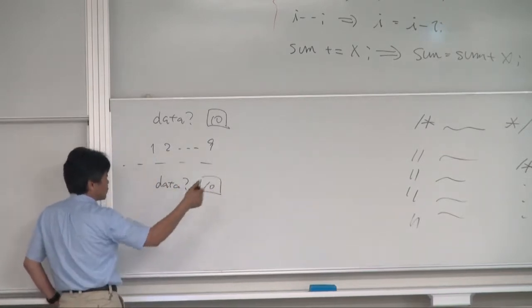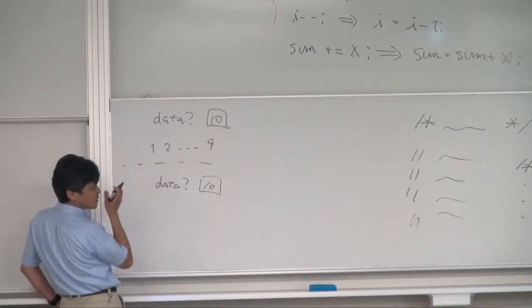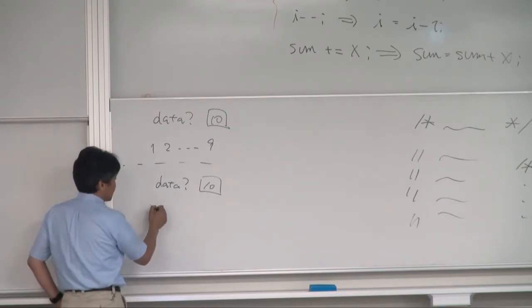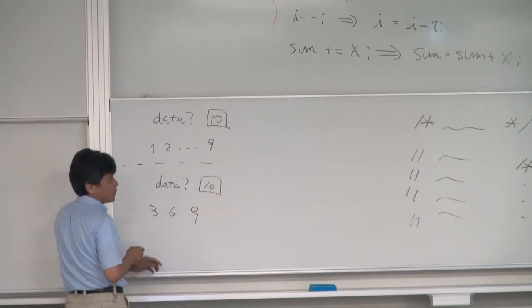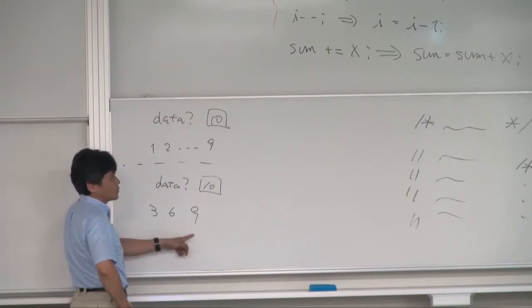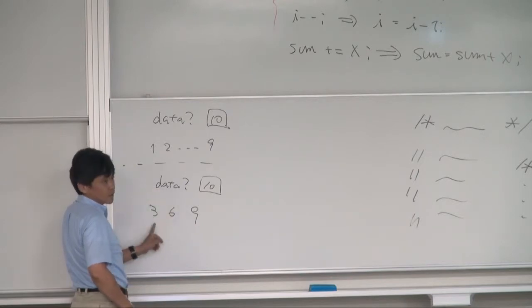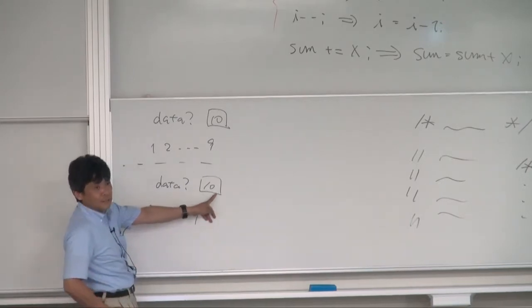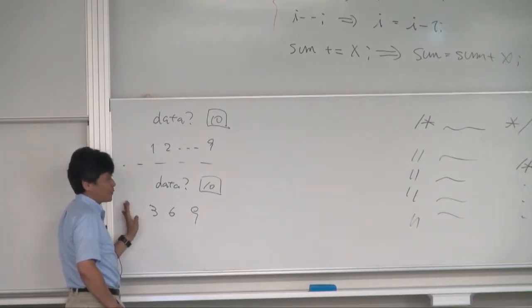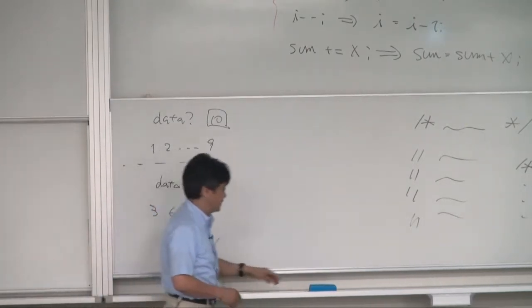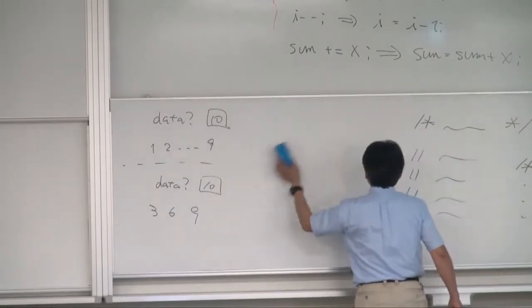The second program will display the multiples of 3: 3, 6, 9. Positive integer numbers, multiples of 3, and smaller than the entered value. So, first program, second program. These are not so difficult.